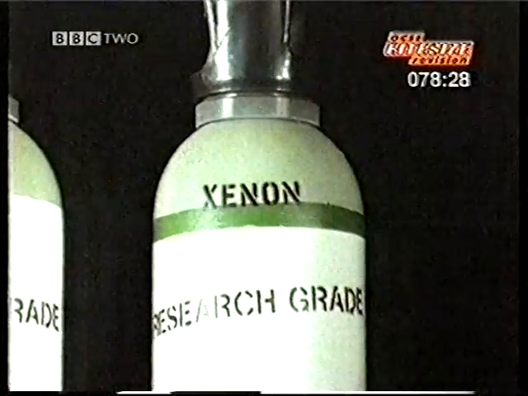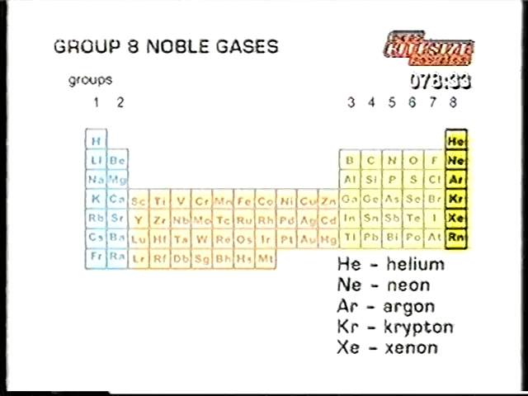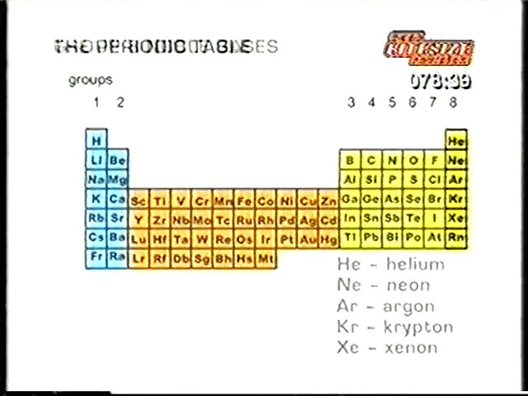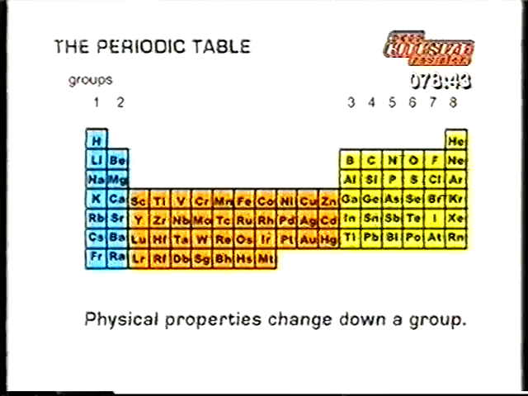Krypton is denser still, and xenon is the densest of all. In this case, the density of each noble gas increases as you move down the group from one gas to another. Quite often, properties like boiling points and melting points change progressively as you move down a group of elements.